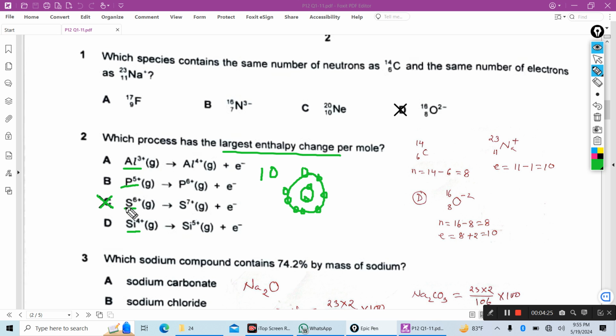But sulfur has 16 protons in its nucleus, so the positive charge is more, and the sulfur nucleus attracts the 10 electrons more strongly. That's why more energy is needed to remove 1 electron, so the largest enthalpy change per mole will be sulfur 6 plus, because sulfur has more protons in its nucleus.